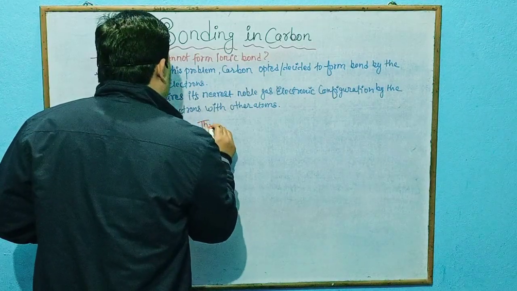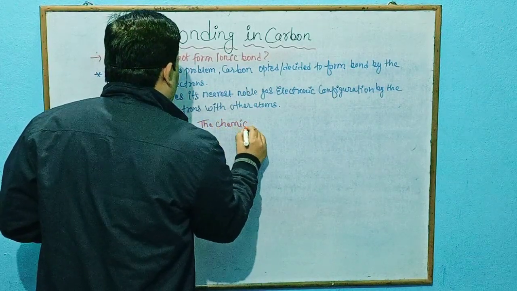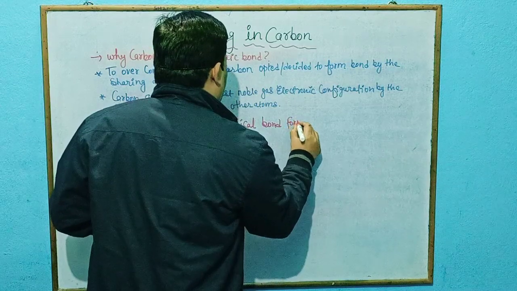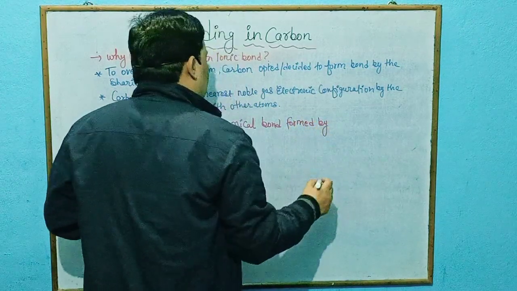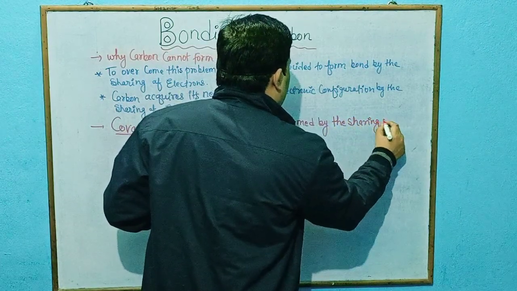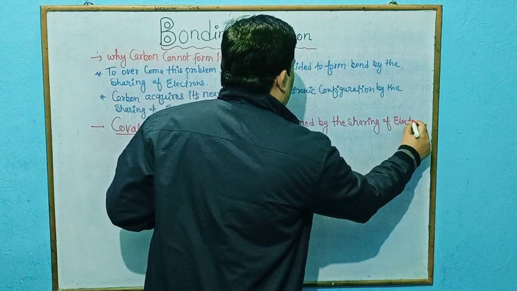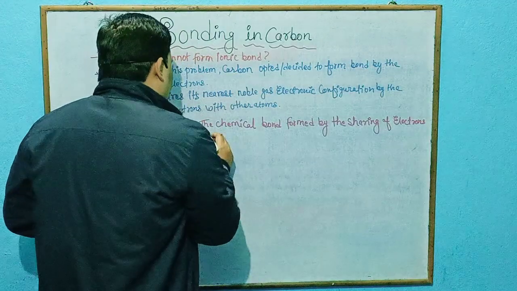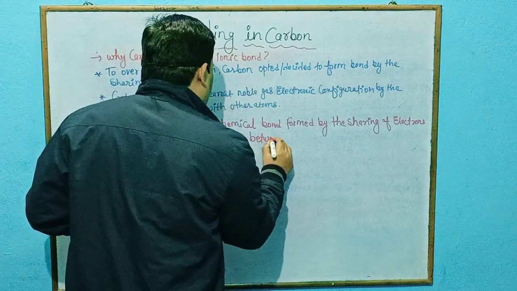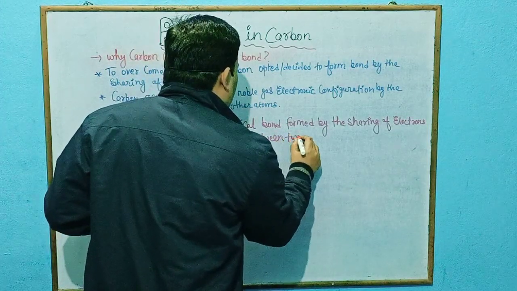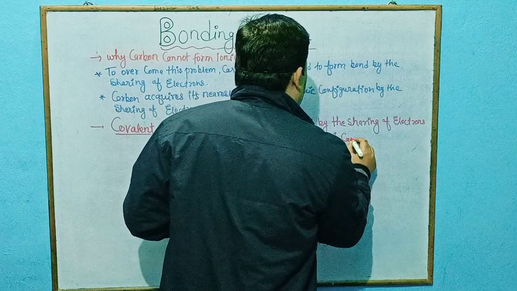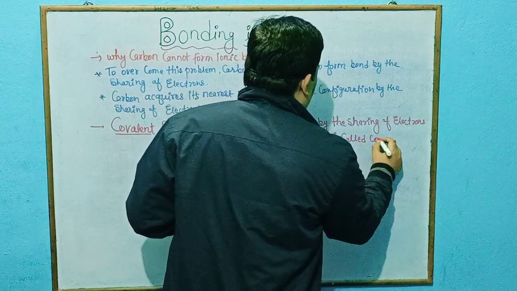The chemical bond formed by the mutual sharing of electrons between two atoms is called a covalent bond.